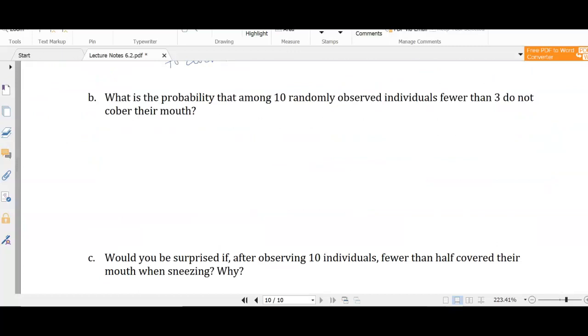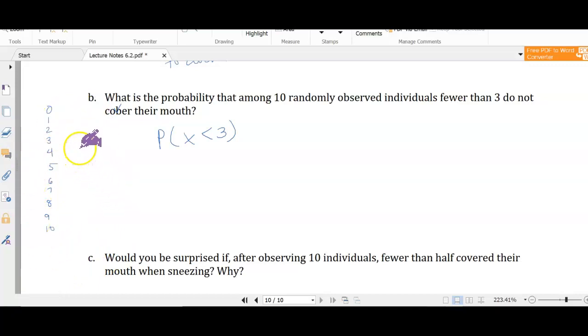So let's go through and do this. What is the probability that among 10 randomly observed individuals, fewer than 3 do not cover their mouth? So remember, we can have 0, 1, 2, 3, 4, 5, 6, 7, 8, 9, 10 people cover their mouth, right?